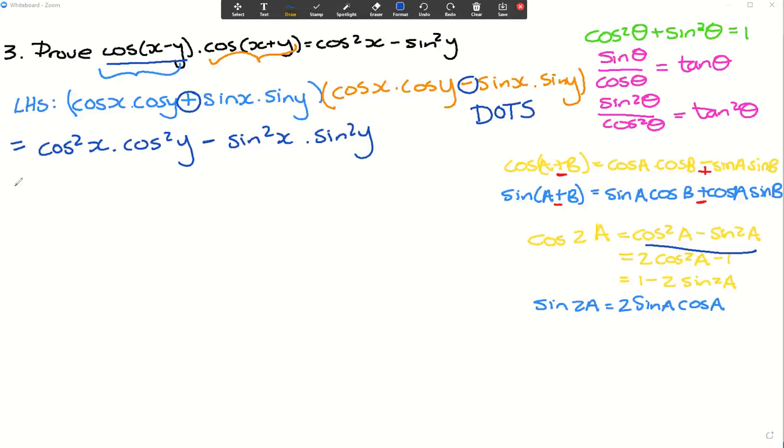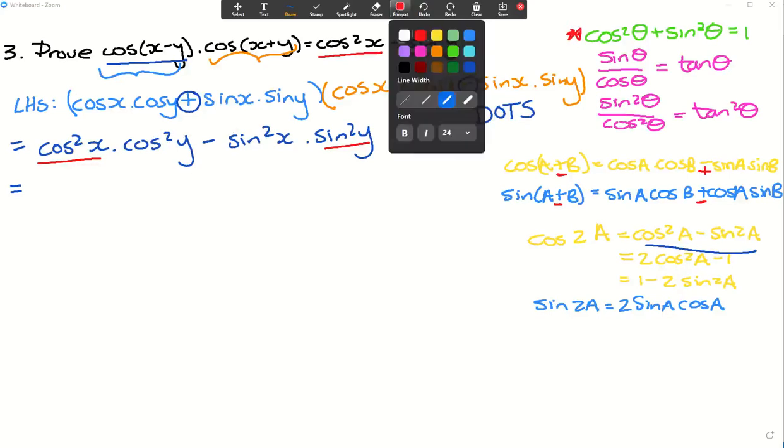So at this point it does get a little bit tricky, because what do we notice? We're always working towards the right. We've got cos squared x here, and here's cos squared x. We've got sine squared here, here's sine squared y. But I've got this guy in the middle that doesn't make sense. I need to get rid of him, so I need to figure out how. I look at this identity to be able to do that.